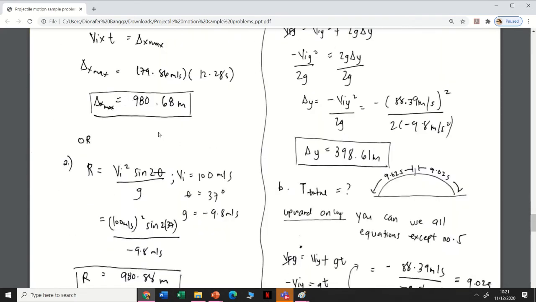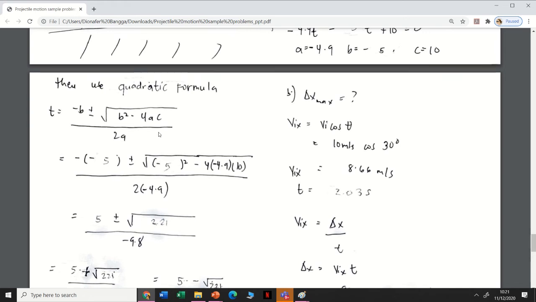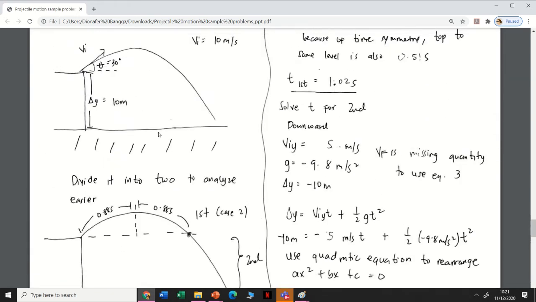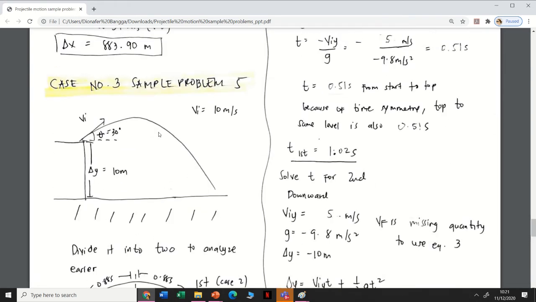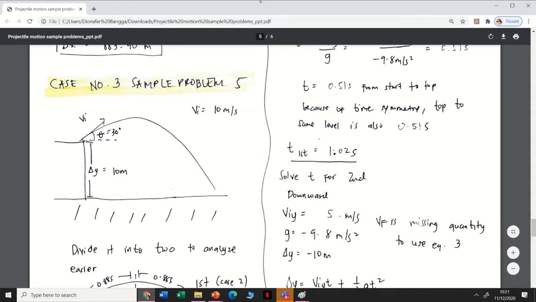Okay, so that's for case number 2, sample problem number 4. Now, we will be moving on to case number 3, sample problem number 5.